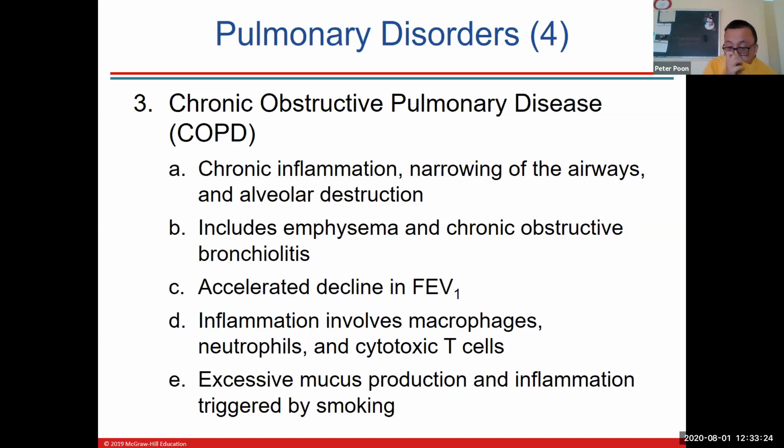It accelerates the decline in FEV1, that's the amount of air you can forcefully breathe out in 1 second.